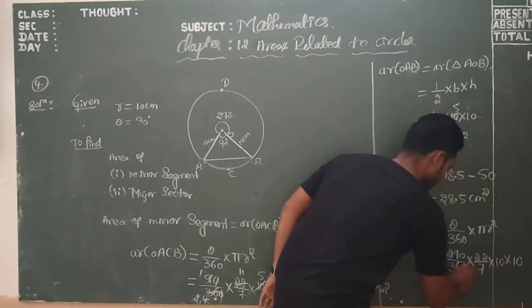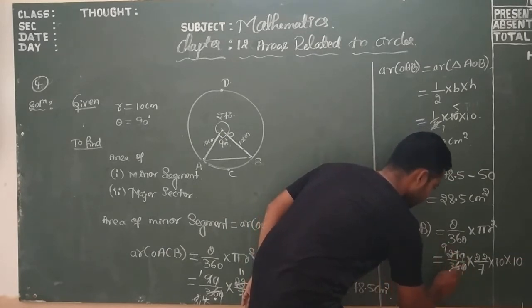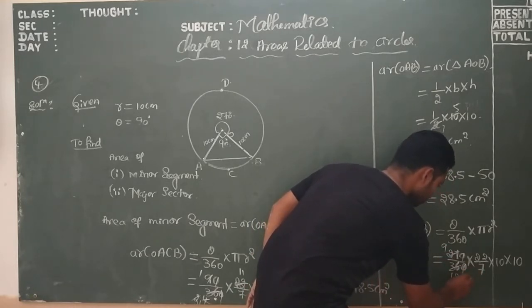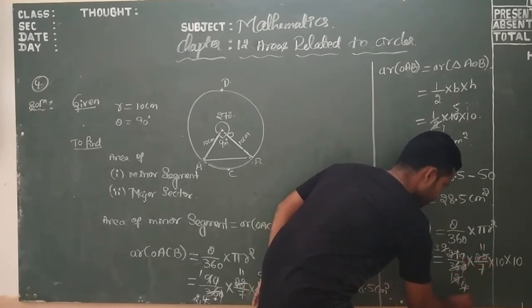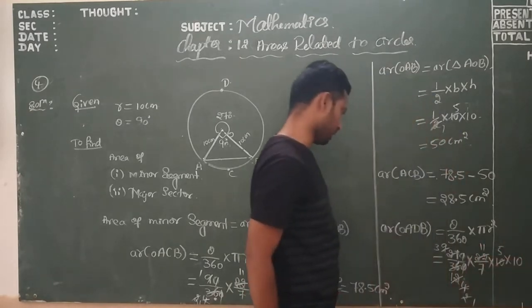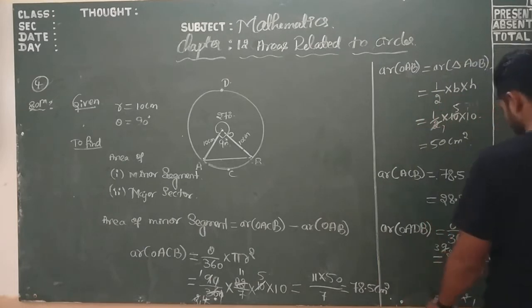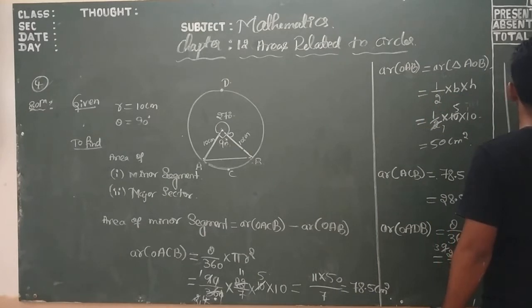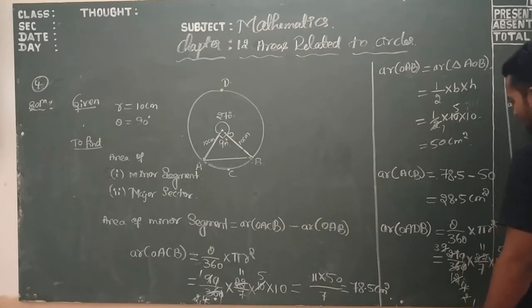Zero cancels, and simplifying, it becomes 11 into 3, that is 33, into 5 into 5 into 10, which is 235.5 centimeter square.